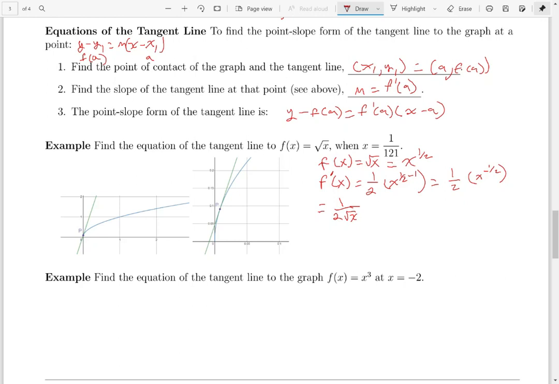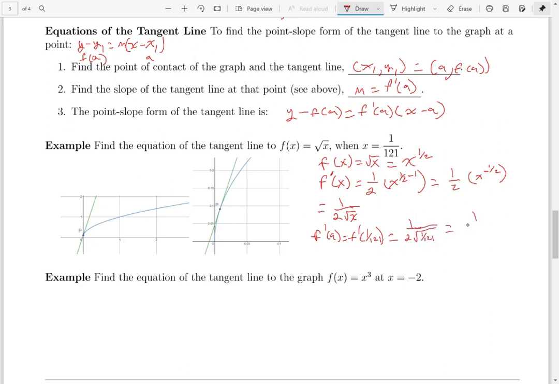Well then, we need to do two more things. We need to find our point, a, f of a, and we need to find the slope, f prime of a. Well, since we're already here with the derivative, let's find f prime of a first. So f prime of a, which is really f prime of 1 over 121, that's going to be 1 over 2 times the square root of 1 over 121.